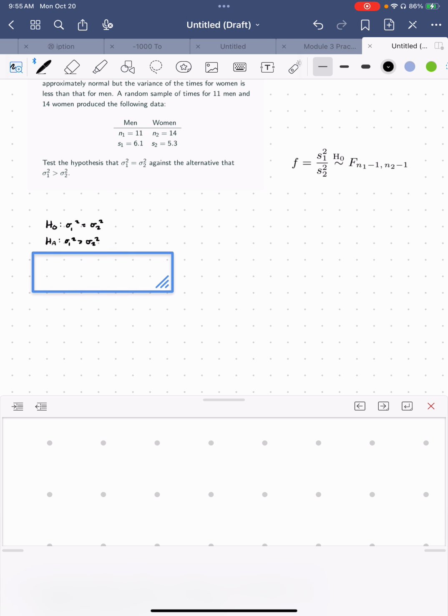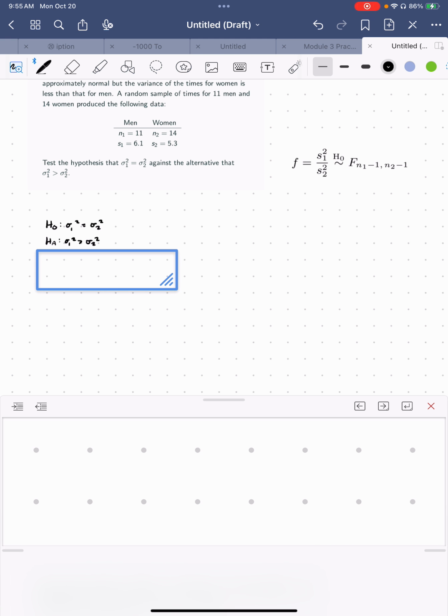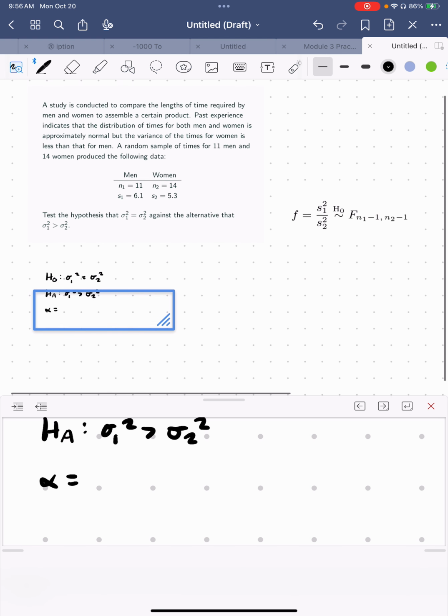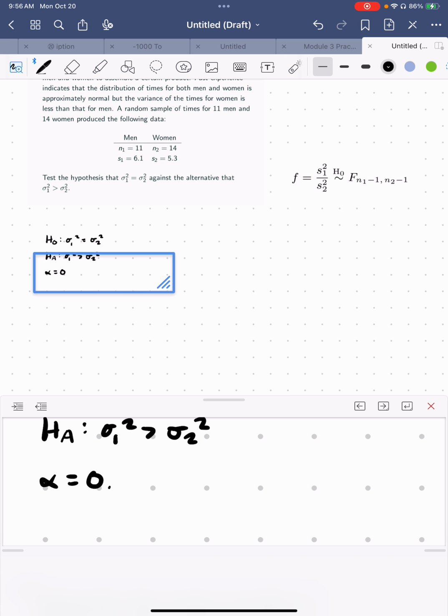And we have our significance level, which is 0.05 since it doesn't specify, and that's what we use by default.